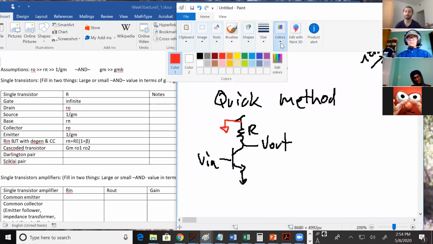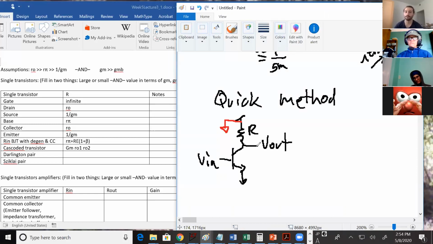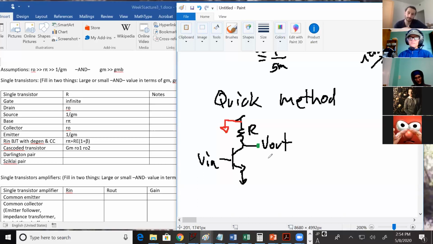So let's see. If I'm on this output right here, how many paths to ground do you see? 2. There's this one down to the actual ground. And where's the other one?